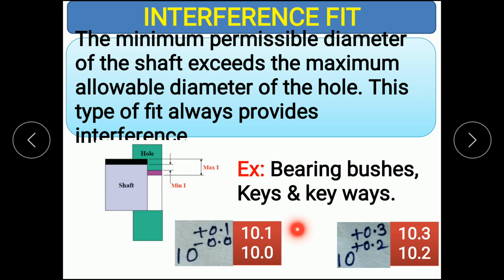That means the minimum permissible diameter of the shaft, 10.2, exceeds the maximum allowable diameter of the hole, 10.1. So there is always some interference, minimum 0.1 mm. This type of fit is required where you need tight assemblies, for example bearing bushes, keys and keyways.